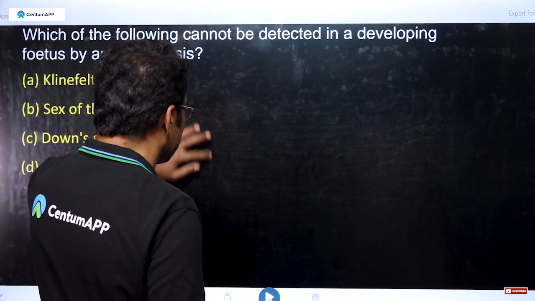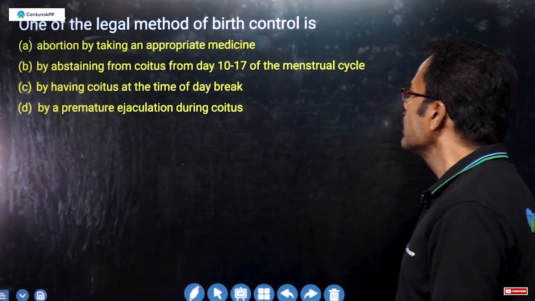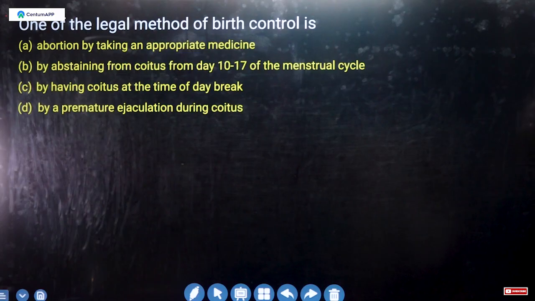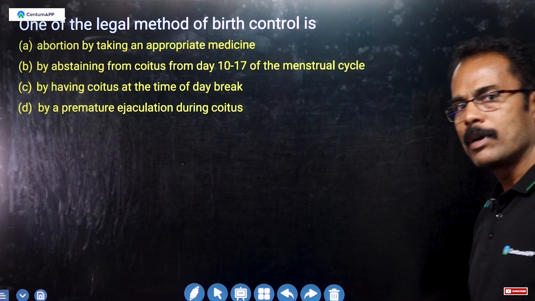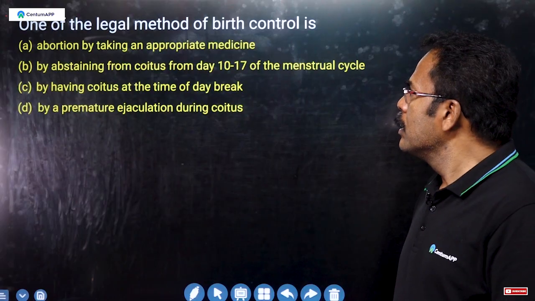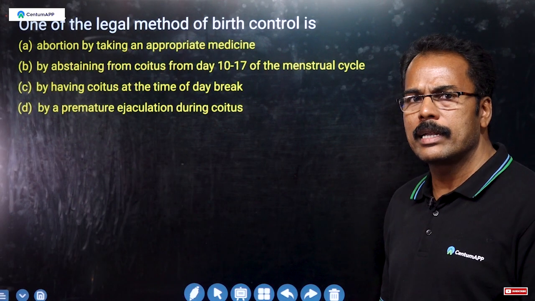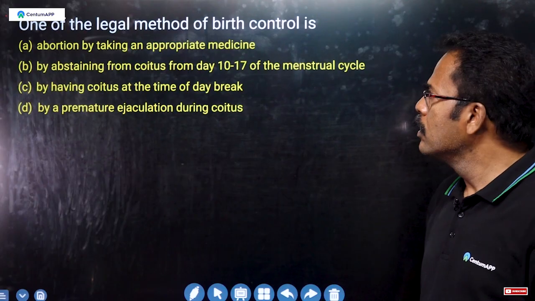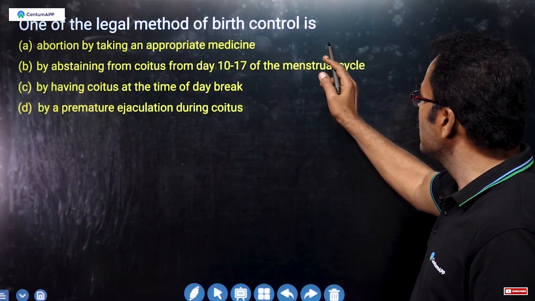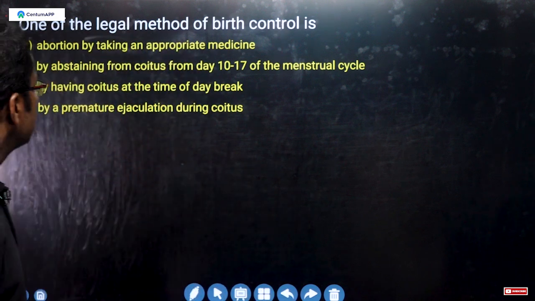The next question is, one of the legal methods of birth control is. Birth control was legalized by the Indian government in 1972. So, based on that legal method, we need to proceed.